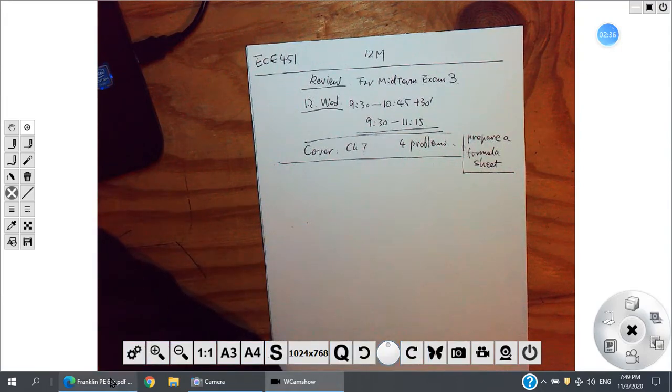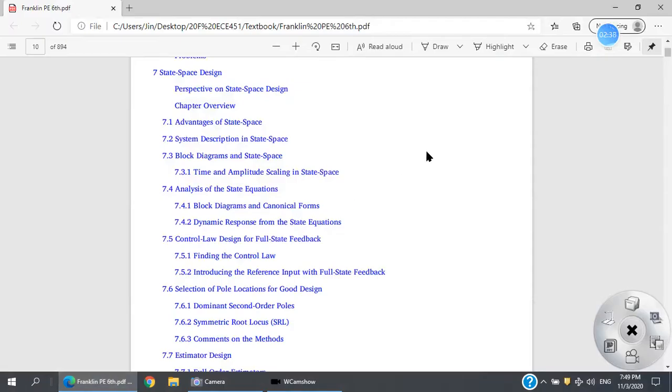I put the textbook here. This is chapter 7, the state space design.